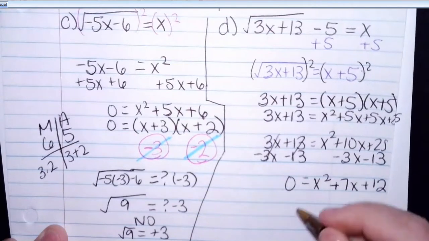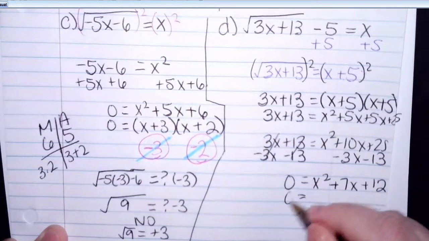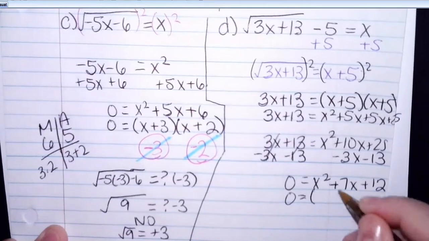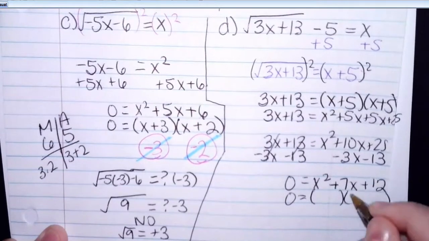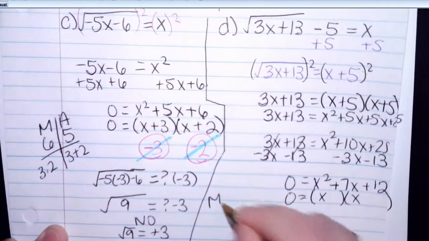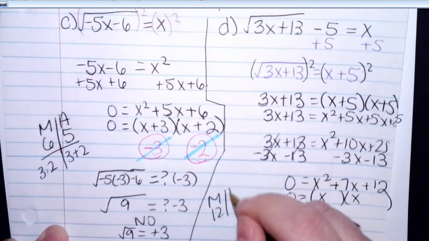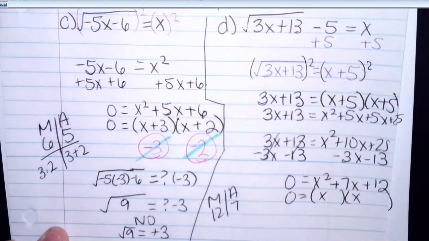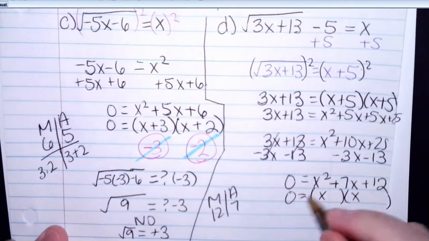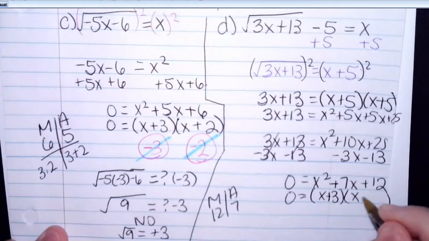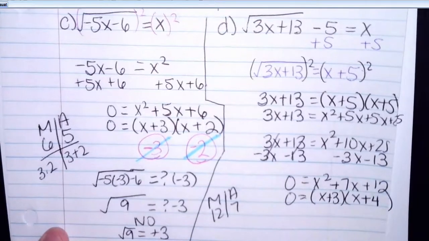All right, so to get my possible answers here, you got to factor it. I got to multiply to get 12, and add to get the number in the middle, which is 7. So the two numbers are 3 times 4 and 3 plus 4. So there's my factored form.